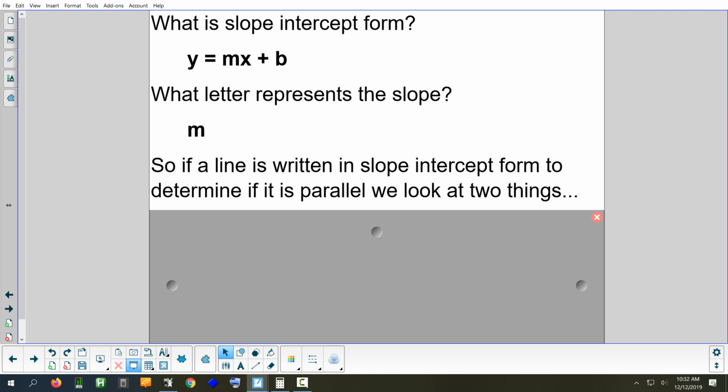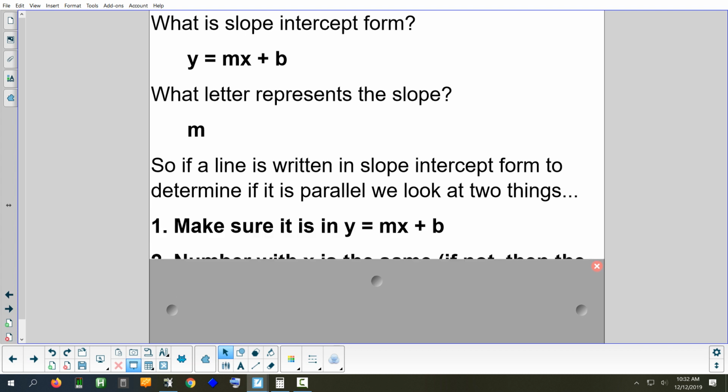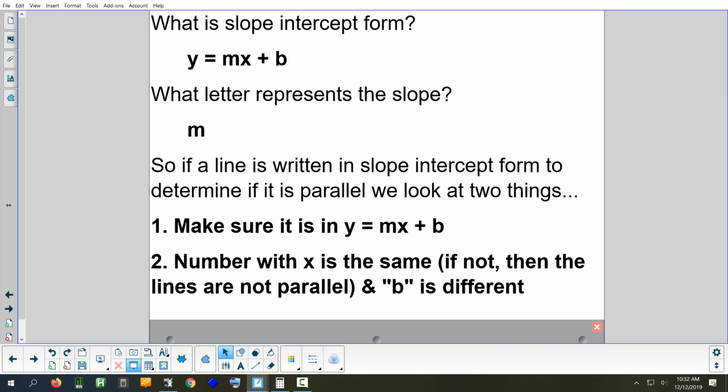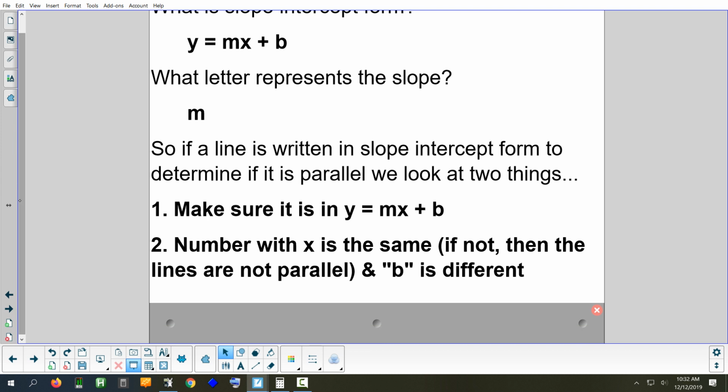Same slope, but different y-intercepts. Exactly. So step 1, make sure your equation is written just like that. Step 2, check that the number with x, that's your slope, is the same, and the number with b is different. If that doesn't happen, then the lines aren't parallel.